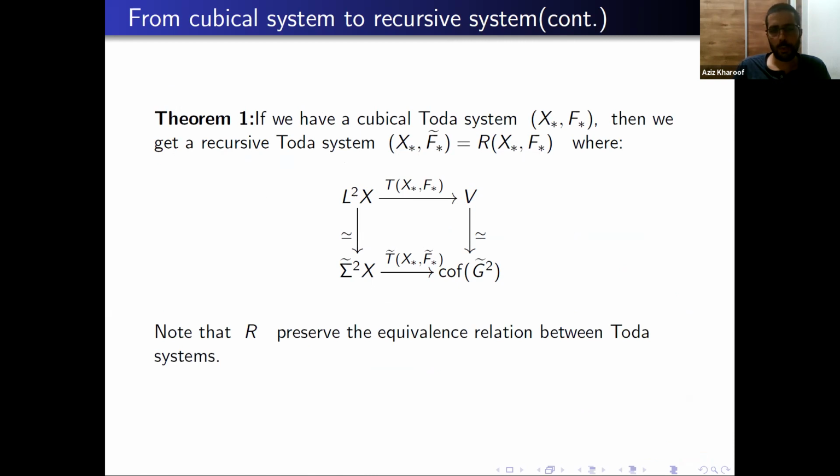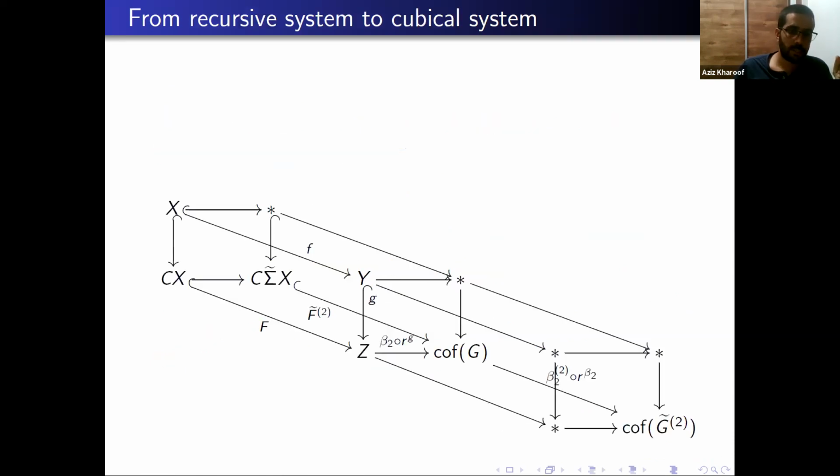Now how can we get a cubical Toda system from a recursive Toda system? It's by cofibrant replacement. Here we have a recursive Toda system, so we have the corresponding diagram.